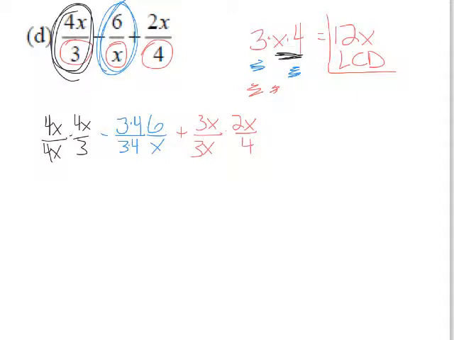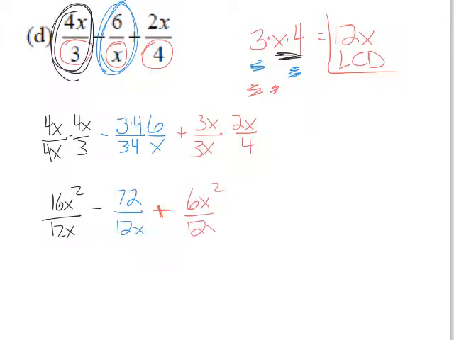So our first fraction is 16x squared over 12x. Our second fraction is 12 times 6 is 72 over 12x. And our third fraction is 6x squared over 12x.